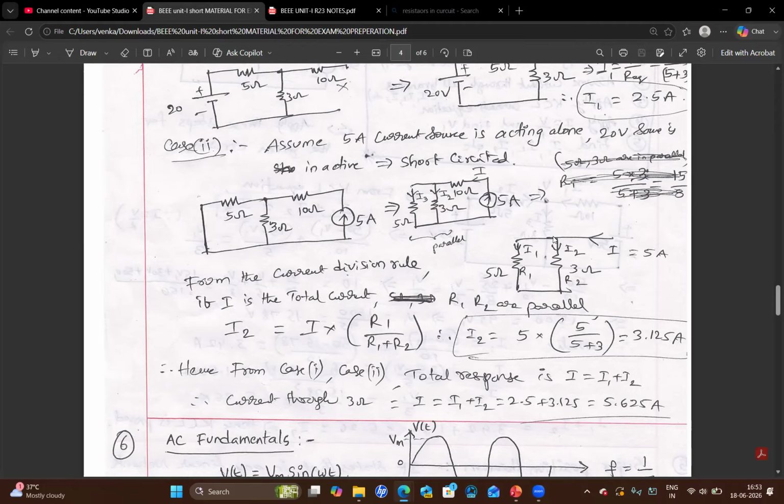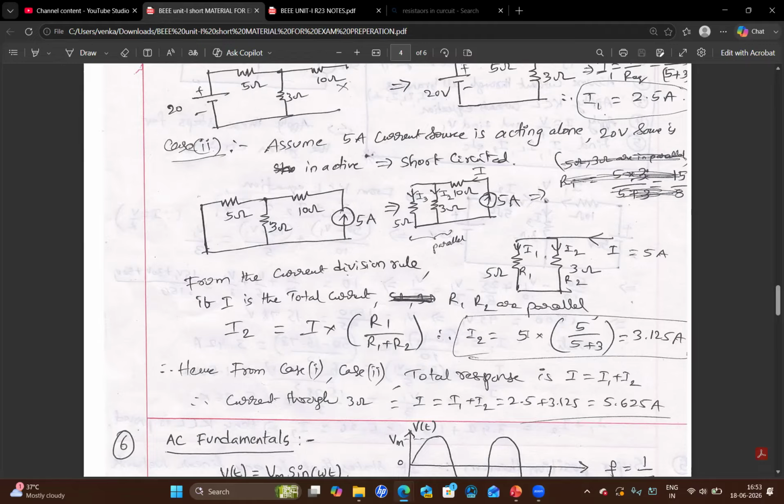For example, if you are measuring this current, the opposite resistance is 5 ohm, so we write 5 ohm here. If you want to calculate current I1 instead, the opposite resistance is 3 ohm, so I1 is equal to total current times 3 by 3 plus 5. But we need to calculate I2 here, so total current times R1, the opposite resistance, by R1 plus R2.